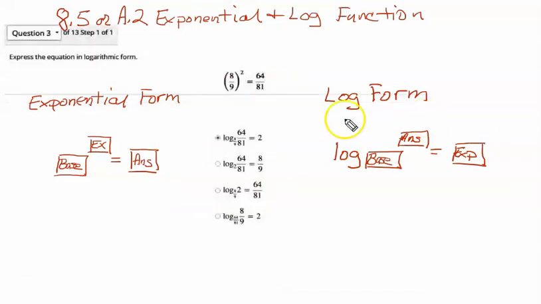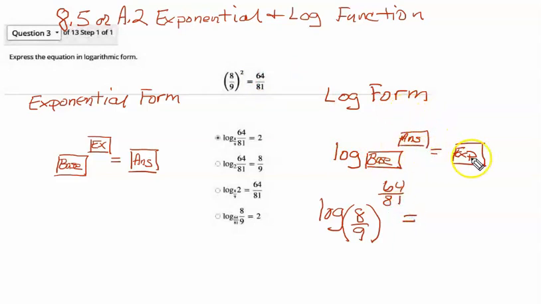In example 3 now, this is in exponential form. We want to put it in log form. So we have to write log. What is our base? Well, our base is 8/9. We could put that in parentheses if we like. Now, what is our answer? Well, our answer is 64/81.